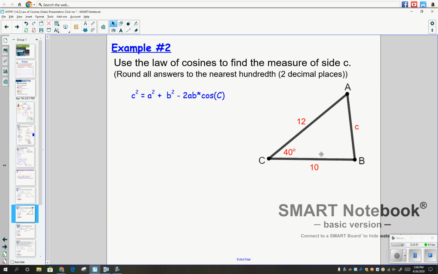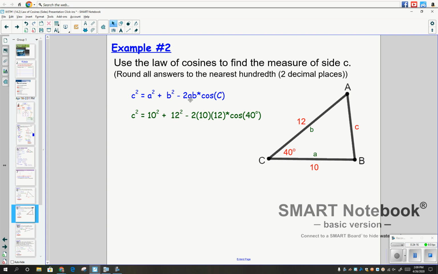Okay, let's label the sides. 10 is across from A. B is across from 12. And I will be honest, it doesn't really matter how you label A and B. They could be flip-flopped. Doesn't matter. A is 10, so I don't know C, so C squared equals A is getting replaced with 10. B is getting replaced with 12.